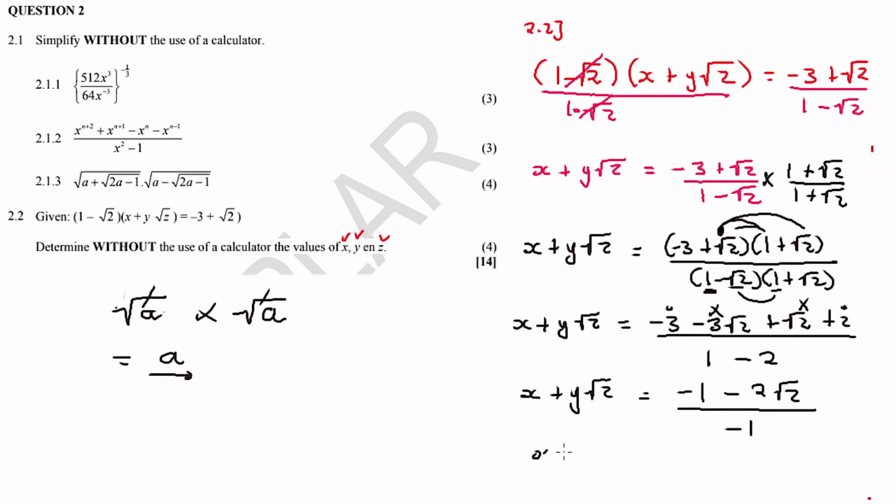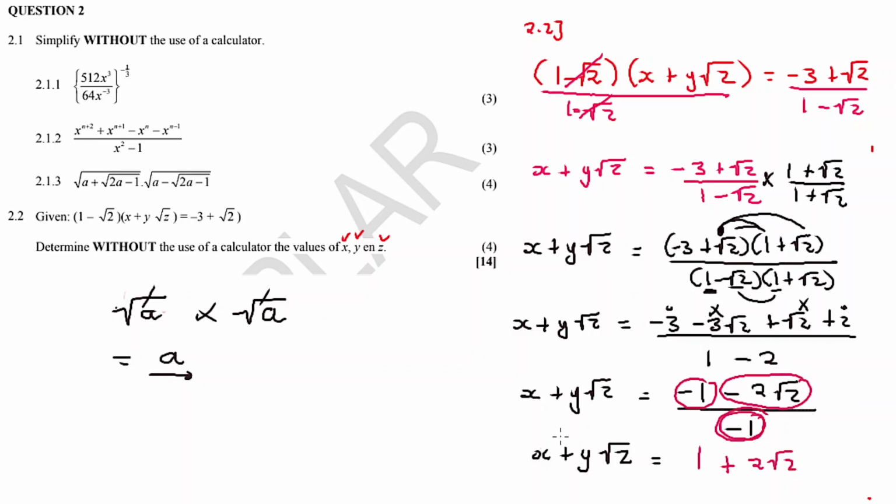So x plus y, I hope by now you know we are able to tee up this thing. I hope you do. Now nyothatha this minus 1 divided by this minus 1, yonginikeza plus 1. This minus 2 square root 2, you divide that by minus 1, I'm gonna get plus 2 square root bani 2.